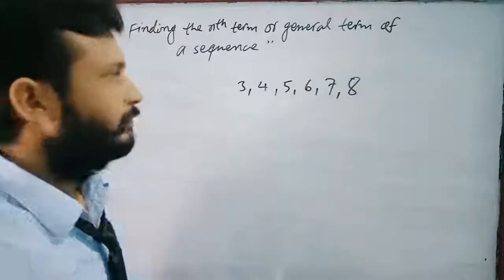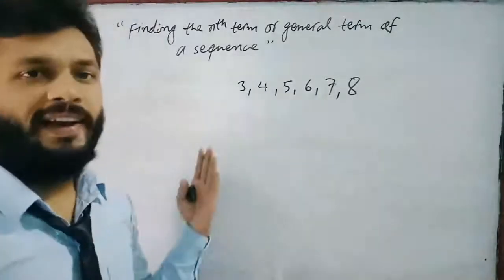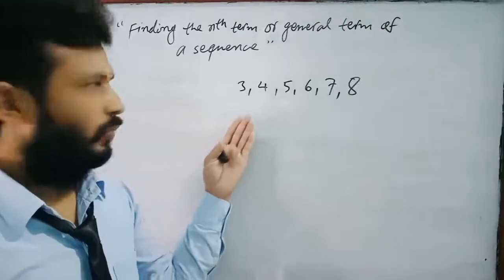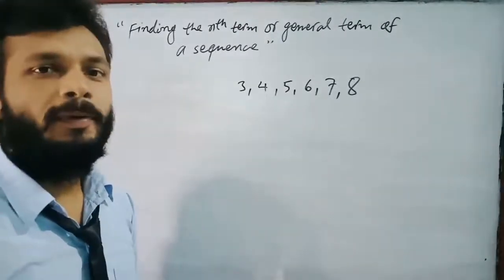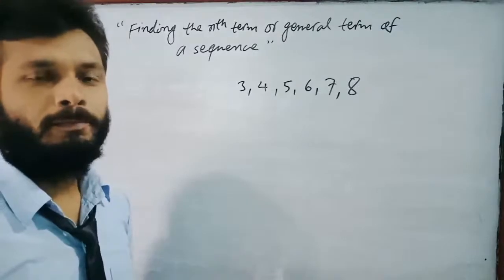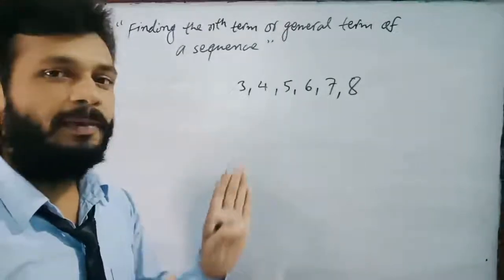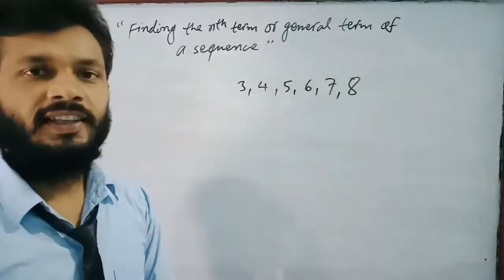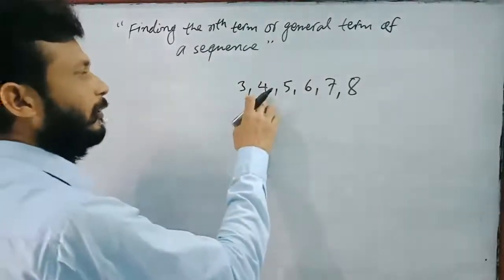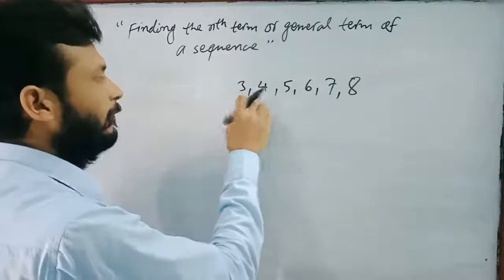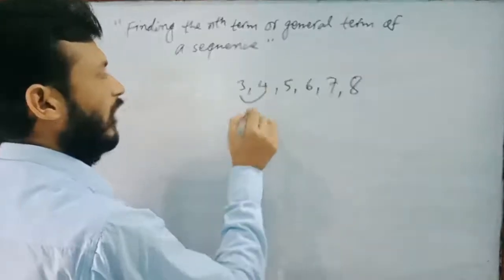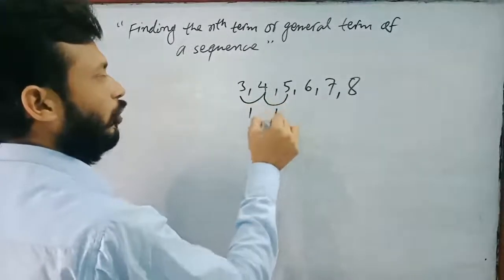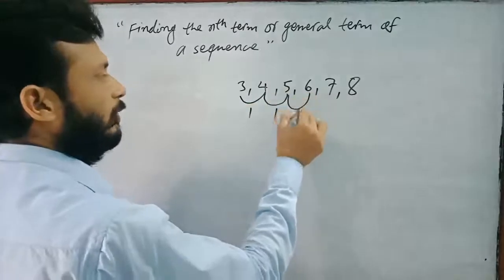Are you clear? Okay. Now find the difference of each term and its preceding term. So difference of 4 and its preceding 3. So 4 minus 3, 1. Then 5 minus 4, 1. Then 6 minus 5, 1.